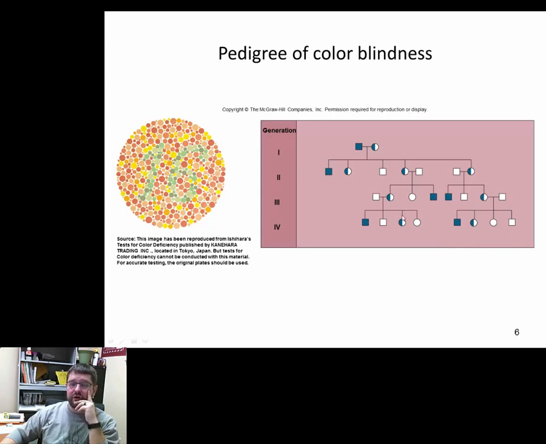Four generations is good, but the more generations you have, the better pattern you will have for whatever it is that you're looking for. And that's where actual genetic analysis comes into play and can be more important than just asking your great-grandparents, your grandparents, or your parents if they're colorblind.